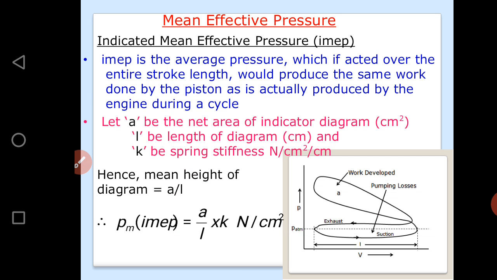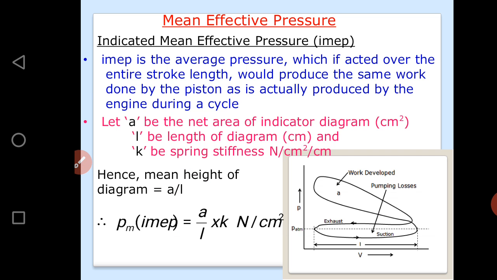It is the average pressure which, if acted over the entire stroke length, would produce the same work done by the piston as is actually produced by the engine during the cycle. This we discussed because we were unable to find the area of the figure with the varying pressure.